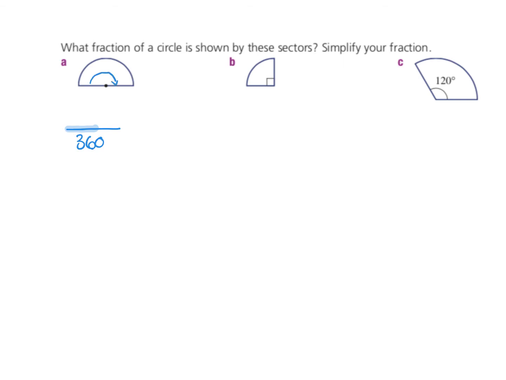If I've only got half the circle, what have I got? Yeah, 180. If you type that into your calculator, it goes down to 1/2. So if you were finding the area of this shape, you would do 1/2 times pi r squared. Can you understand that? It's the area of a circle, but you only want half of it.